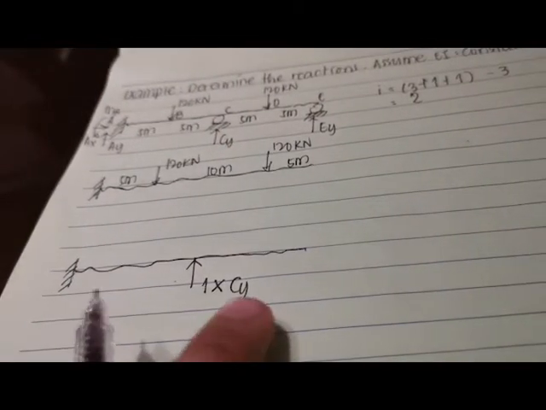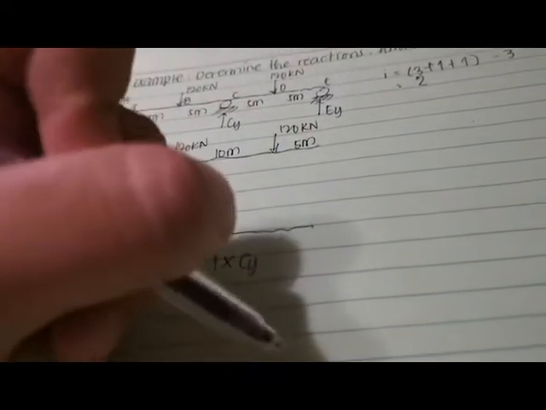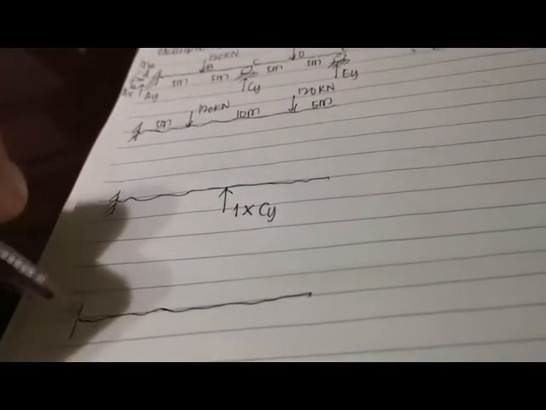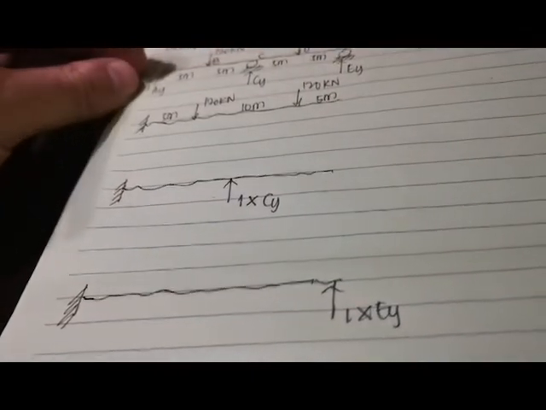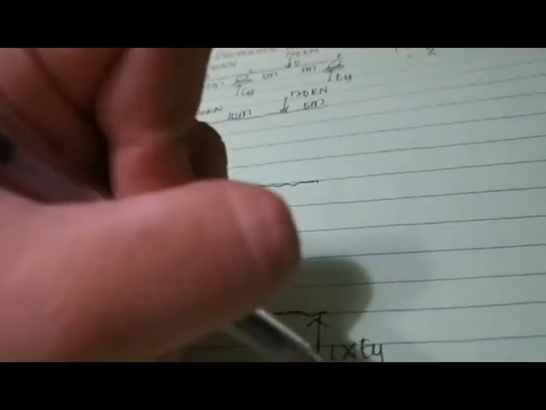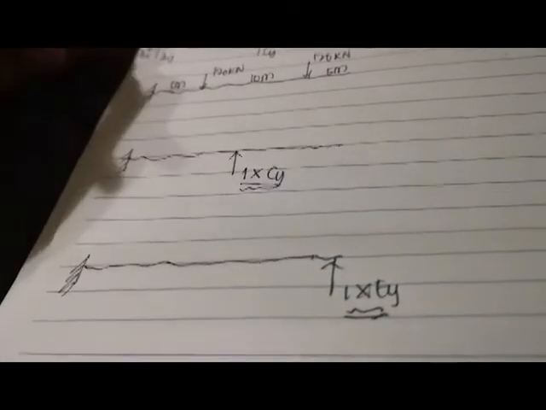And then we're going to apply another unit load at point E. So this will become now your 1 multiplied by EY. So we have to remember that we are going to return the redundants one by one, to avoid confusion.